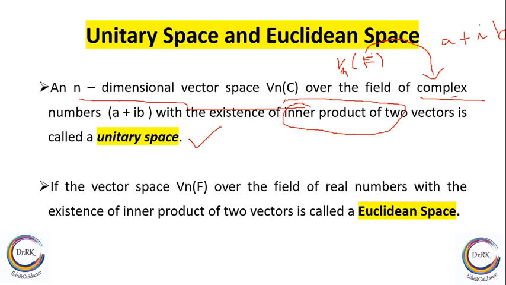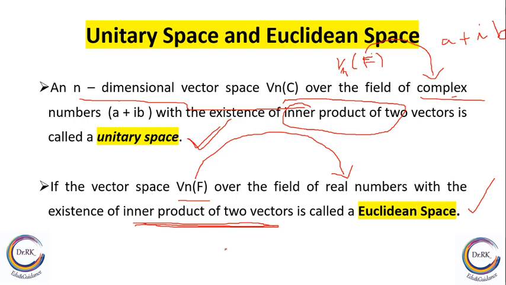So very simple: VnF, where F is the set of complex numbers, with the inner product of two vectors defined, is called a unitary space. If the vector space VnF is defined over the field of real numbers with an inner product of vectors, then it is called a Euclidean space.